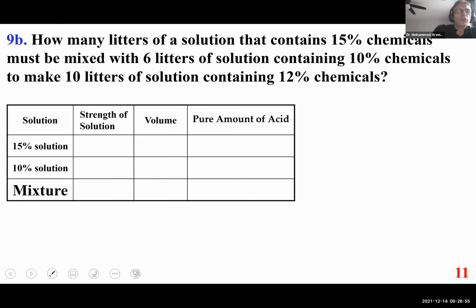So this is a 15% solution, 10% solution. And what is given? First and foremost, this is 0.15. This is 6 liters, okay, of 10% solution, which means 0.1.